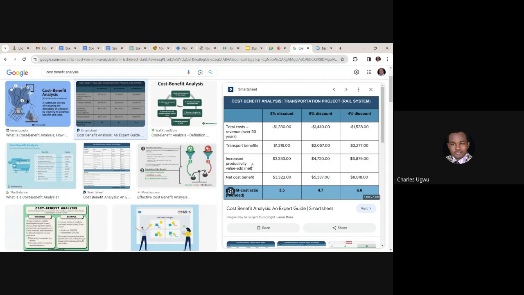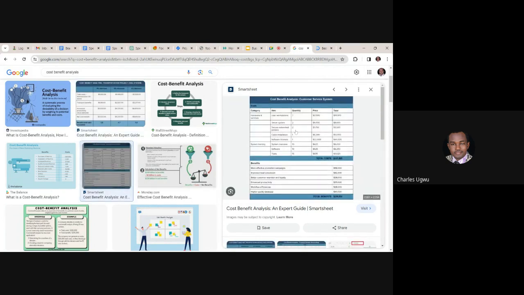To get the net benefit, you subtract the total cost from the total benefit, and then you see how much your gain is. What are you gaining?